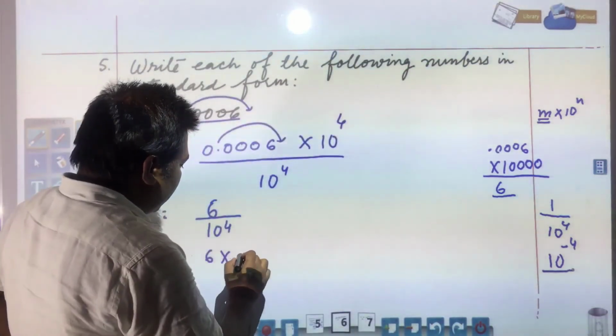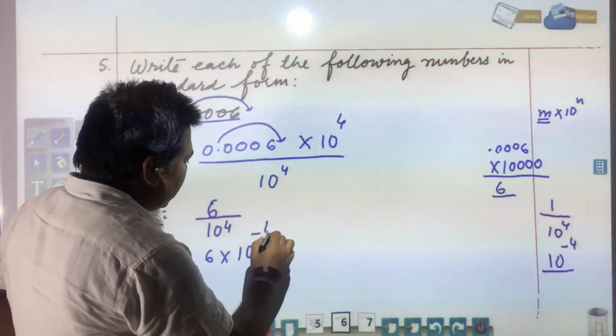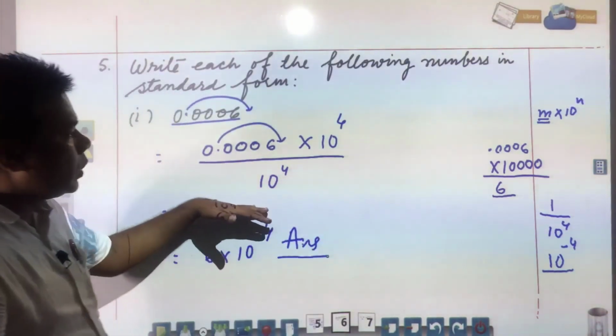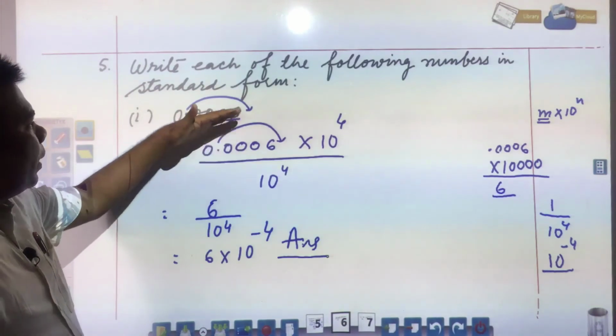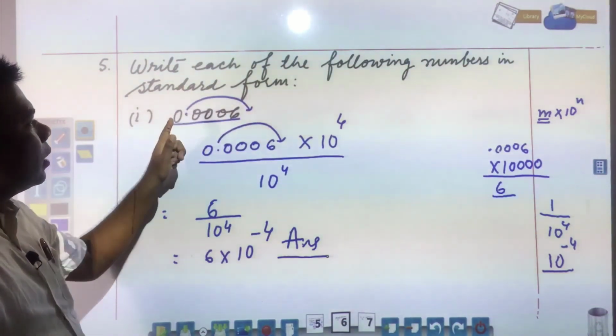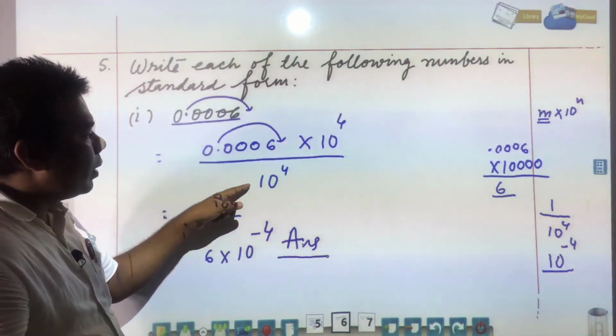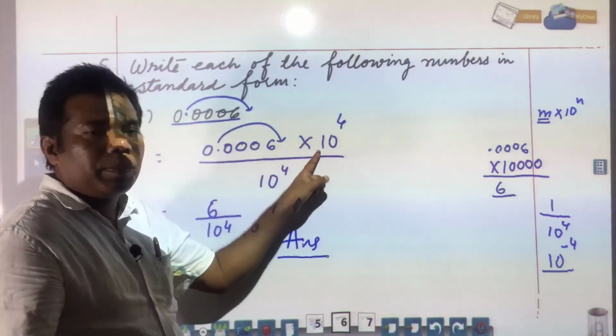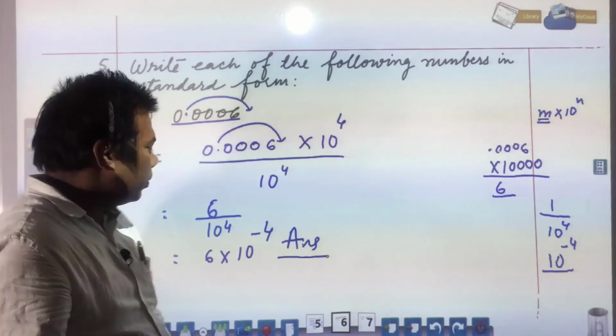So, this will be your answer. I hope you understood. If leftward we are bringing decimal, it is needed to be divided. If rightward we are moving, that is needed to be multiplied, that you have to keep in mind.